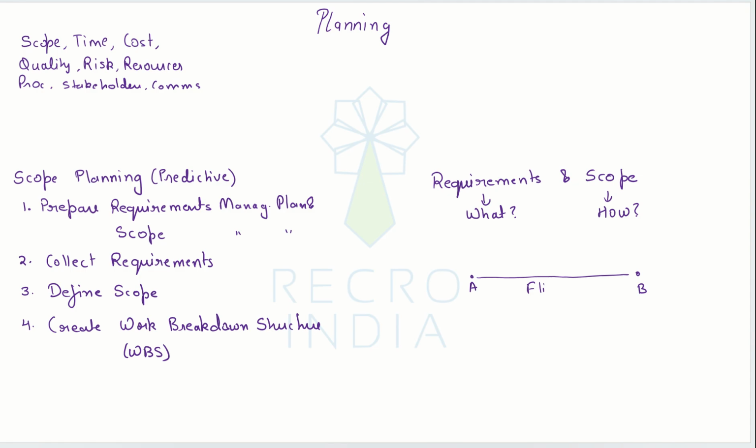Like I can take a flight, I can book a train, or I can find a bus, or I might prefer traveling by my own car, or I might even take a taxi. All these different methods will help me to fulfill my requirement, which is to reach point B.